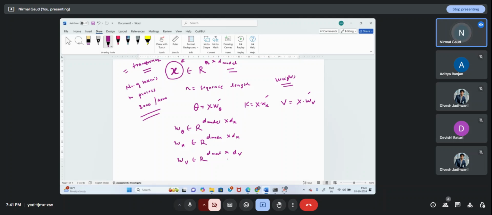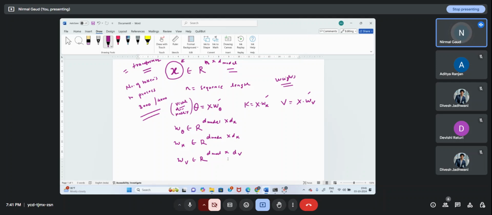X you have to multiply with the weight, then you are going to get the q. What dimension will this vector or matrix comprise of? This is what you are going to get after this operation.